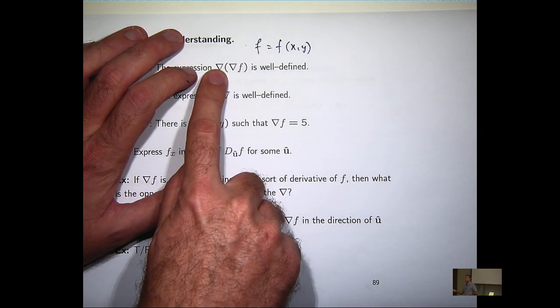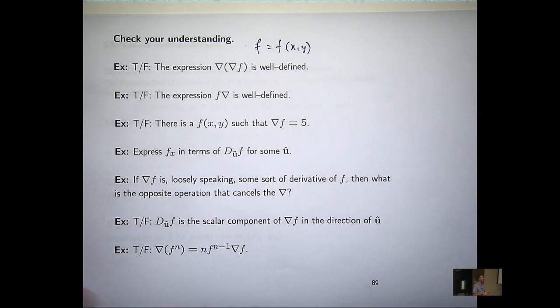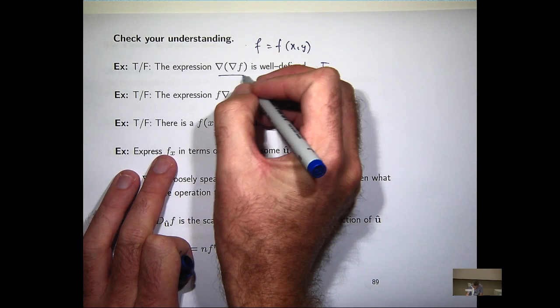So how do you take the gradient of a vector? It's not defined. This is one of the important things where you need to distinguish and really understand when have I got a vector and when have I got a real value or a scalar. So this is false. This doesn't make sense at all.